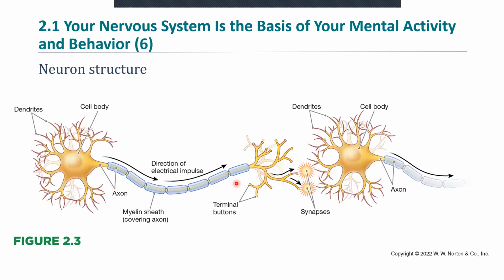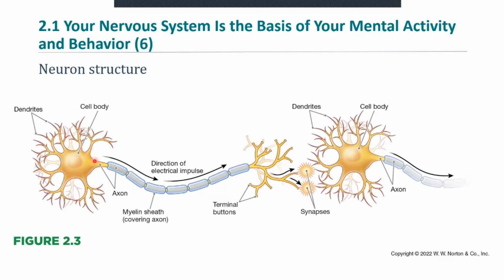This is what the neuron uses to transmit information to other cells. So this neuron on the left is communicating or sending signals to this neuron over on the right. First of all, remember, in the cell body, it receives information from a whole bunch of other neurons through these dendrites.